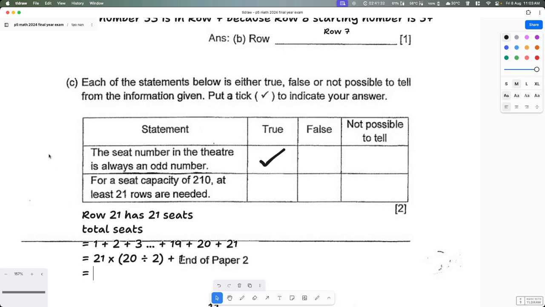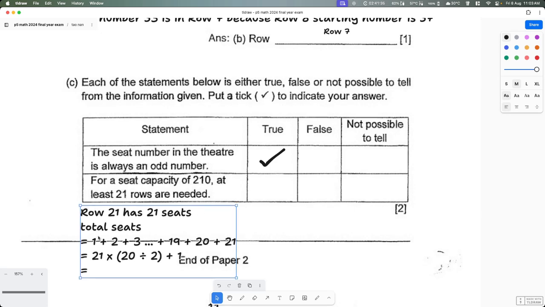Okay, so 21 rows are needed for a capacity of 210. So 21 times 20 divided by 2 is 210, plus 21, equal to 231.